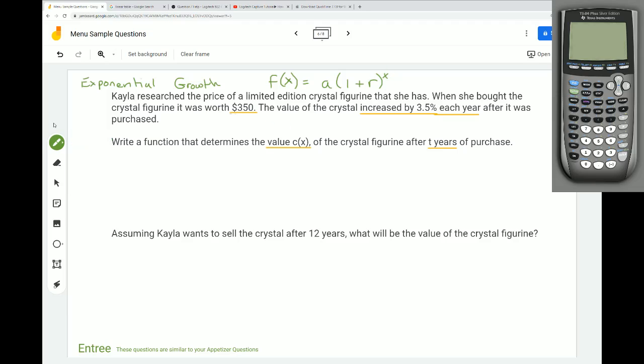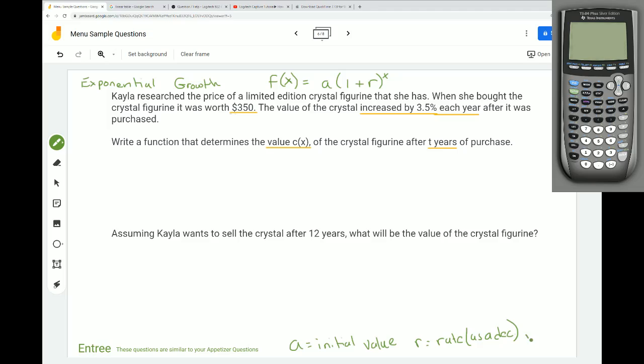Now, before we go into what all these are, we should recall a few things. A represents our initial value. R represents our rate as a decimal.